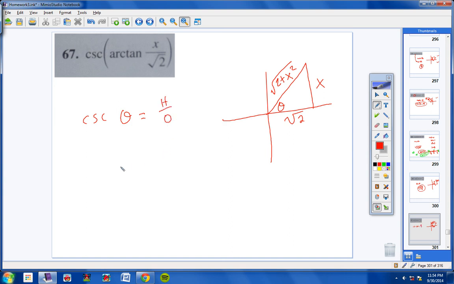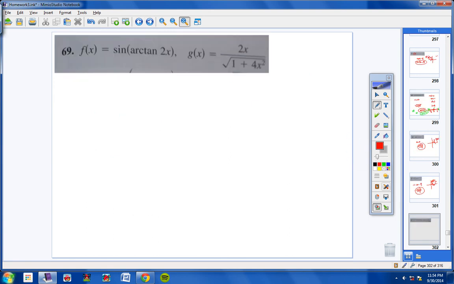Your hypotenuse is the square root of 2 plus x squared, and your opposite is x. So there you go, students. There is your algebra expression. Okay, all right, moving on now to number 69.